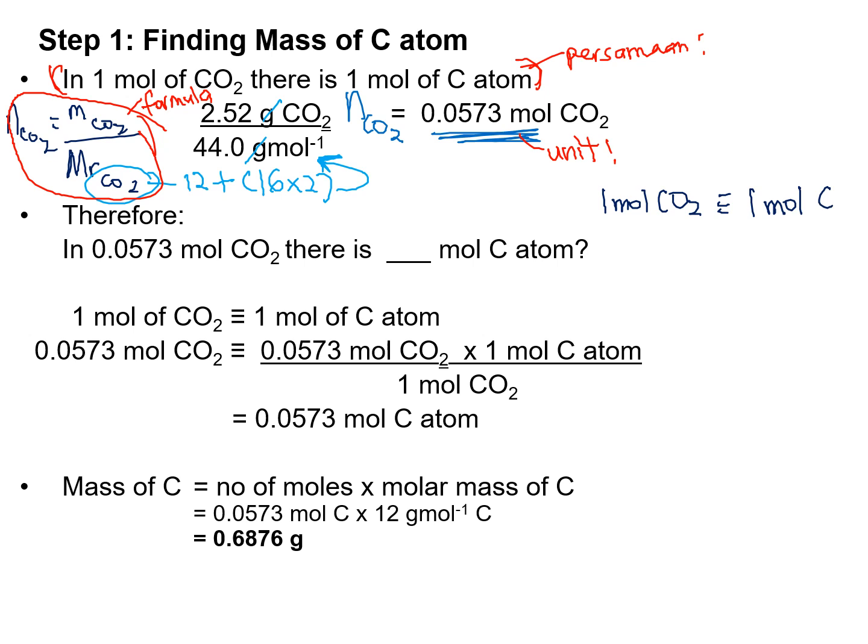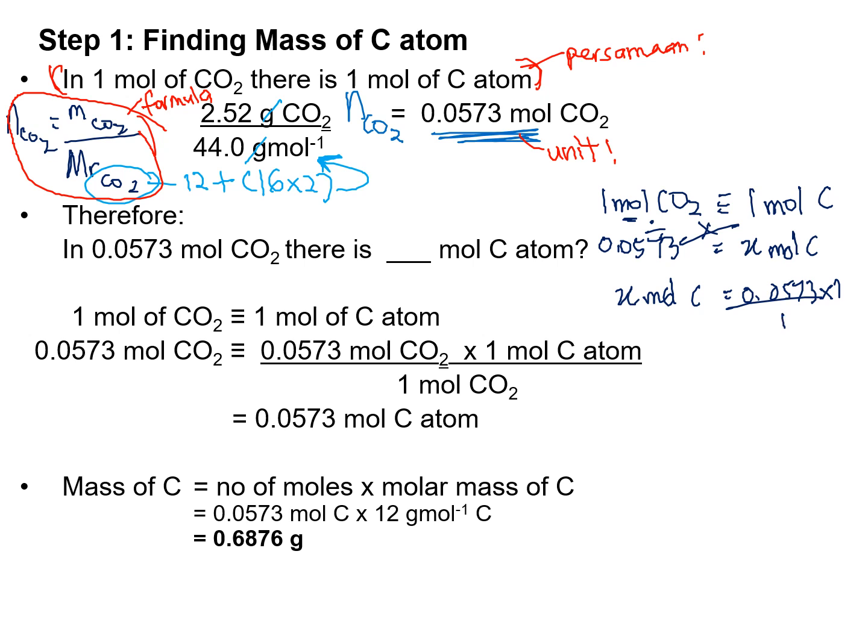Tapi kita dah kira dah the exact number mole of carbon dioxide ni adalah 0.0573 kan. So berapa mole of carbon ni sebenarnya? Nak tahu mole of carbon? So you boleh buat darab silang. 0.0573 kalikan dengan 1 bahagikan dengan 1.